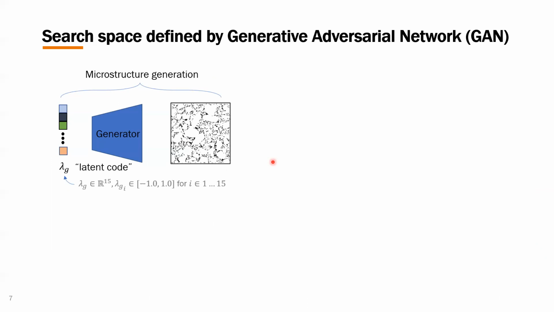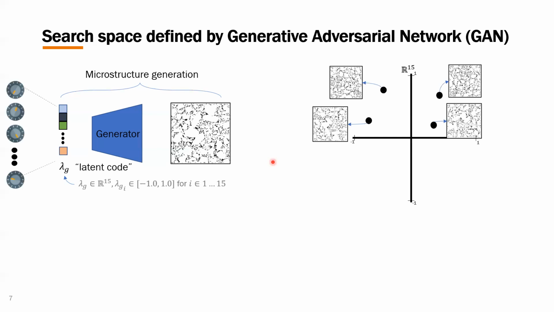We can tweak the values of the latent code to generate and represent unique microstructures. To better visualize how it works, in an analogy, we have 15 knobs that we can turn and tune to a specific value ranging from -1 to +1. And we can basically turn these knobs to create different latent codes for different microstructures.